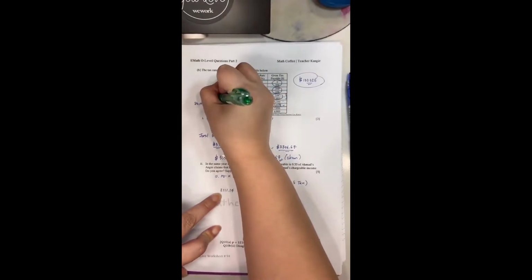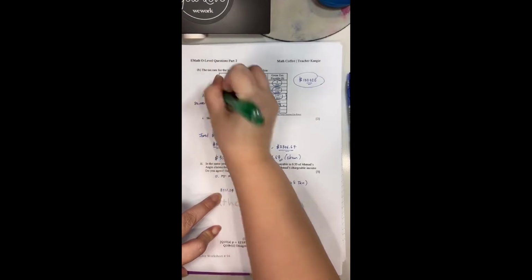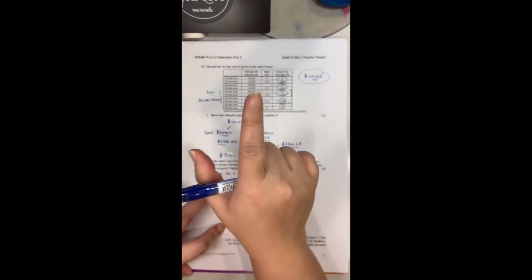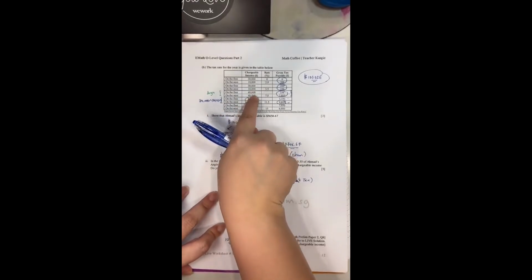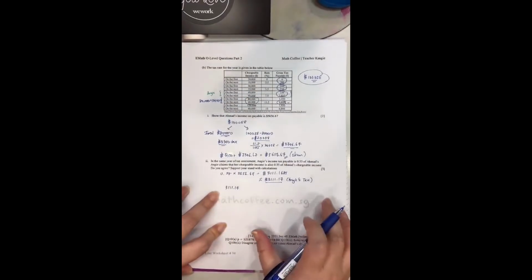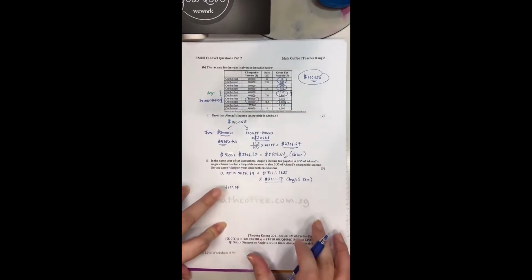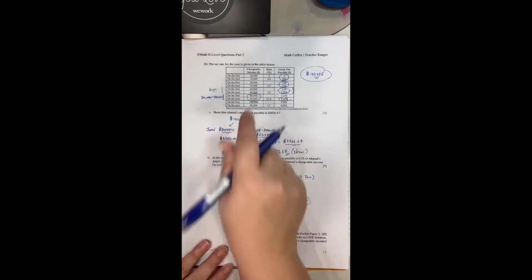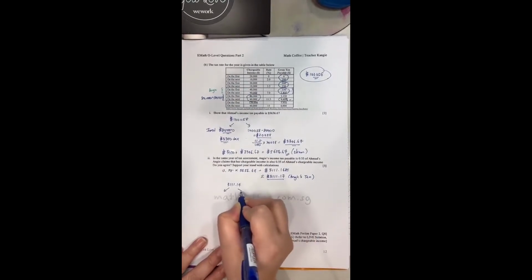So I know that NG belongs to this tier, which means her chargeable income will be between 40,000 and 80,000. Yes, the total tax doesn't exceed the NG tax. So now we know where she is.